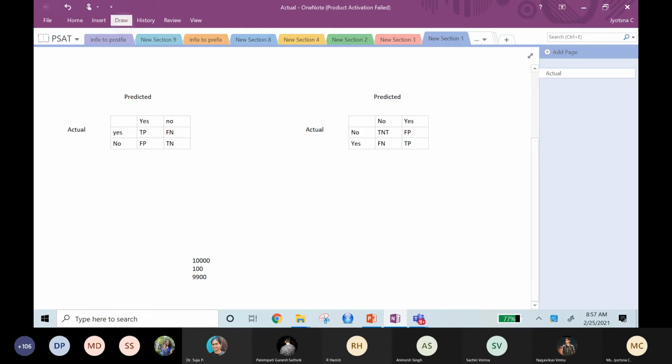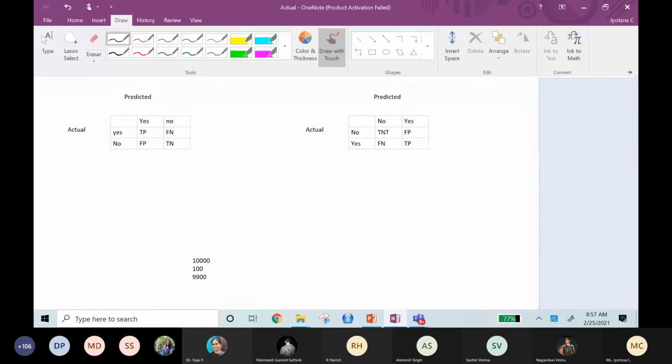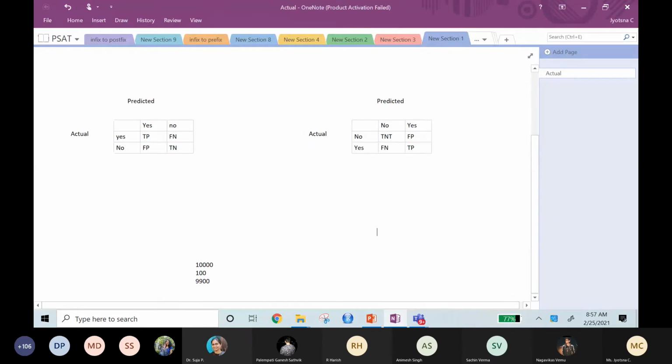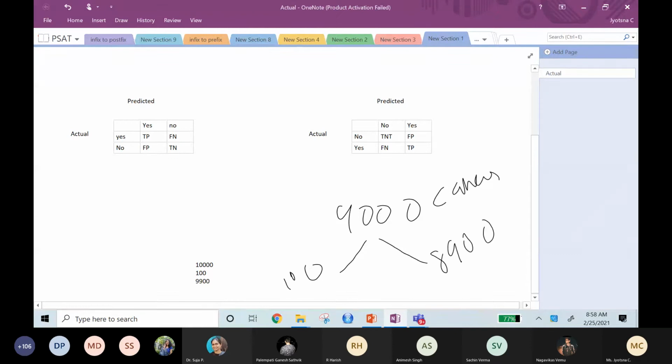Okay, so I'll just draw here. One second. So 9,000 patients have cancer. From that, 100 are correctly classified and 8,900 are not correctly classified. You can note down: this is correctly classified, this is incorrect.